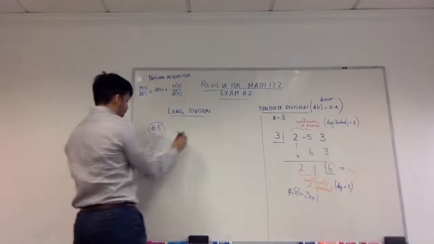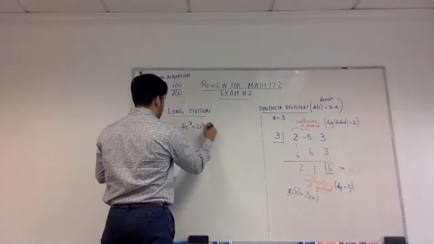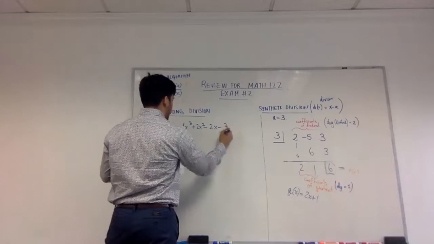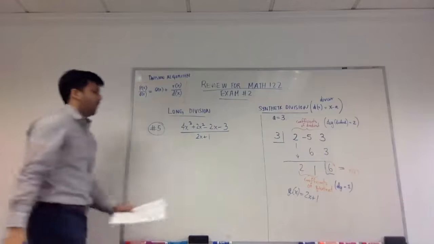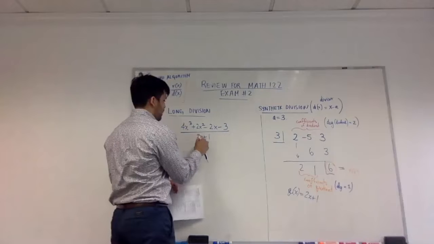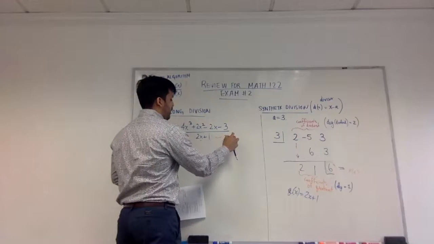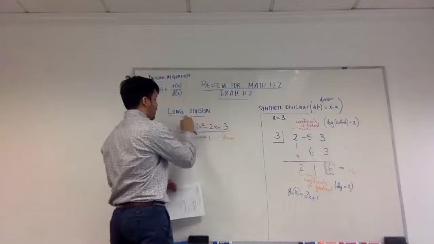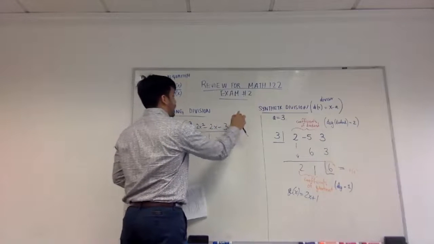So number 5 is 4x cubed plus 2x squared minus 2x minus 3, all over 2x plus 1. So again, this is my divisor, and this is my dividend.